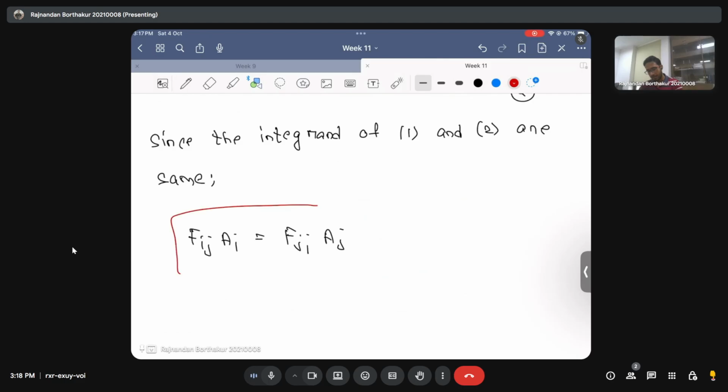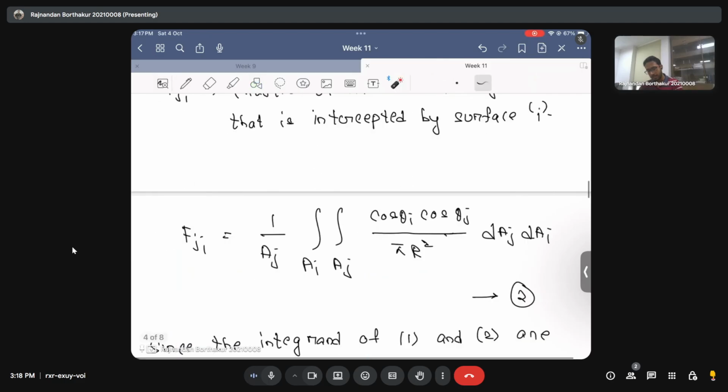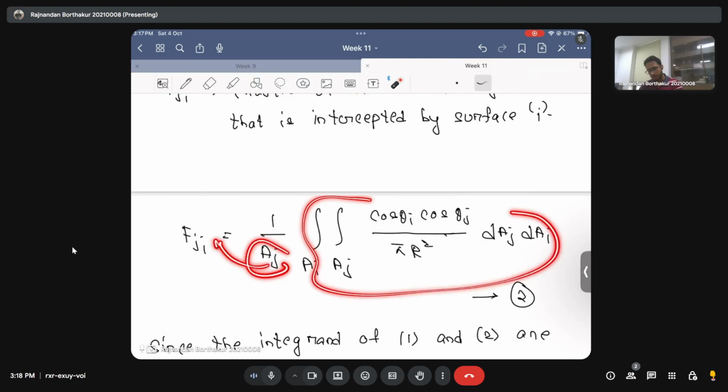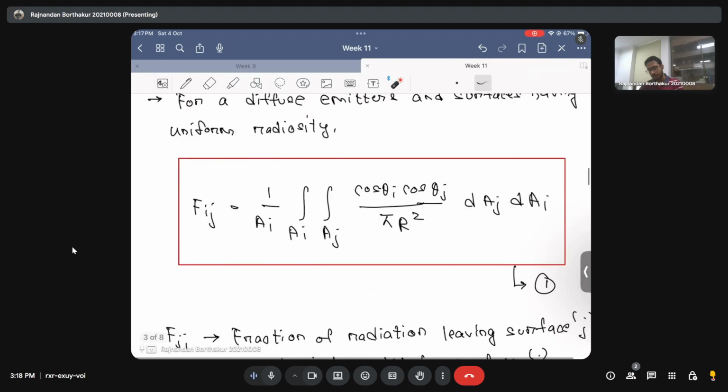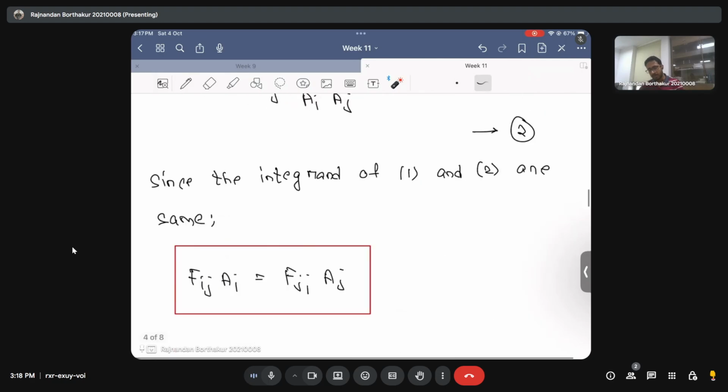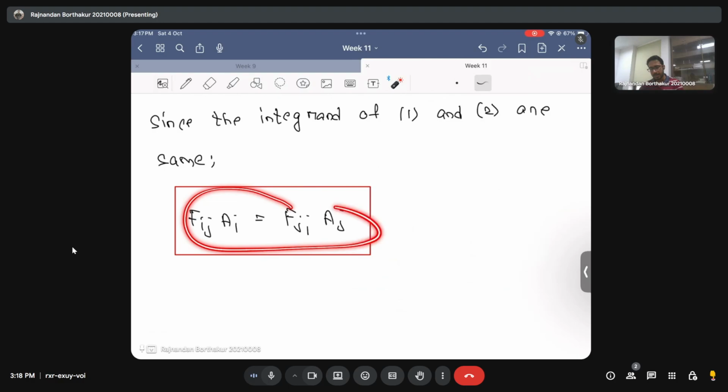That's a simple relation you get because, since this integrand is the same, you can bring Aj to the left hand side, and similarly bring Ai to the left hand side of equation 1, and from 1 and 2 you can infer that Fij times Ai is equal to Fji times Aj. Physically, you can think of it as the fraction of radiation leaving surface i that is intercepted by surface j, multiplied by the area of surface i, is equivalent to the fraction of radiation leaving surface j that is intercepted by surface i, multiplied by the area Aj.